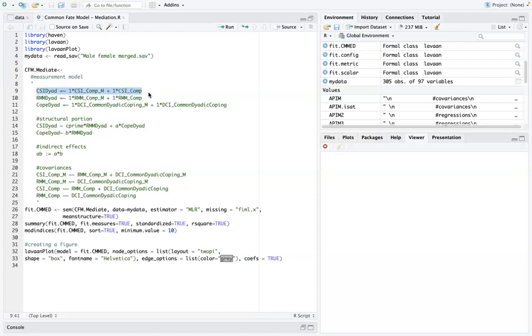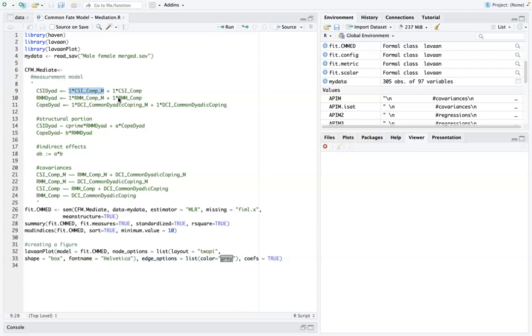So moving from some of the conceptual ideas of the common fate model into the estimation, each common fate variable, and we have three since we are testing mediation, is indicated by each partner's report on that construct. So we believe that there is a dyad level of dyadic coping, right? So it exists beyond each individual and at that relationship level.